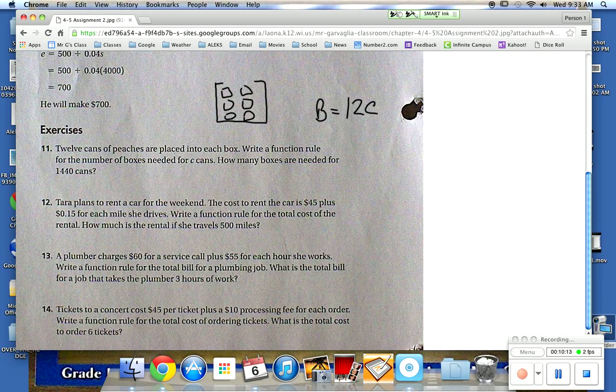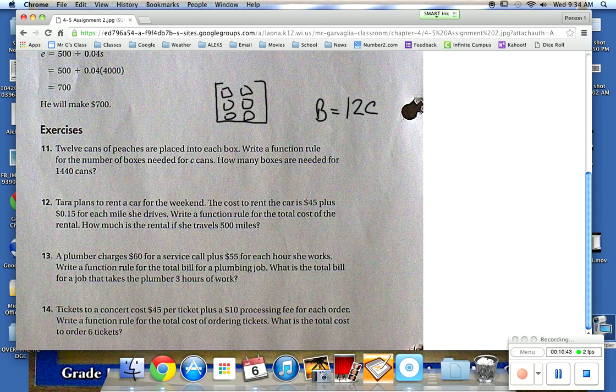Now we're going to say how many boxes are needed for 1,440 cans. 1,440 divided by 12. Well, we've got to do the equation first, right? So 1 box equals 12 cans, right? Is that true?